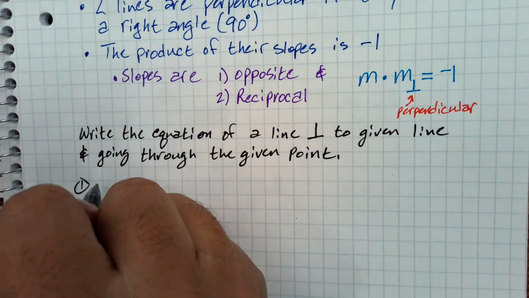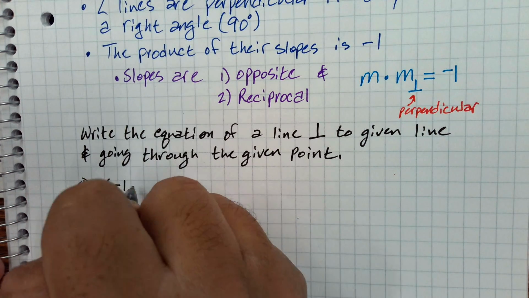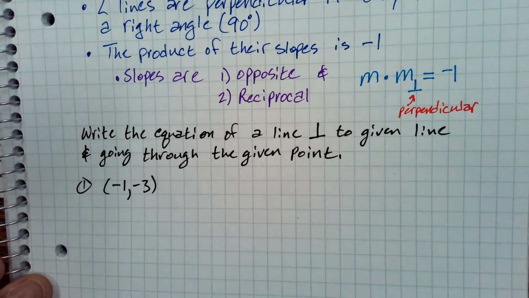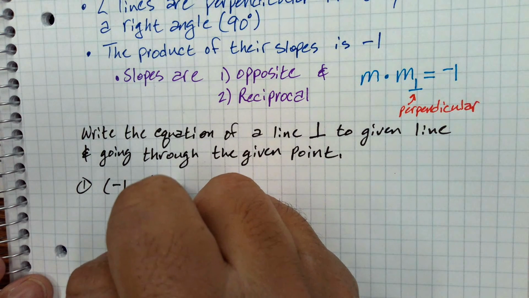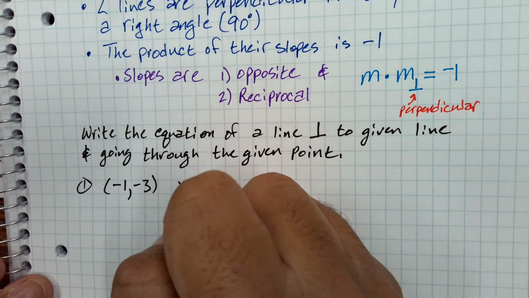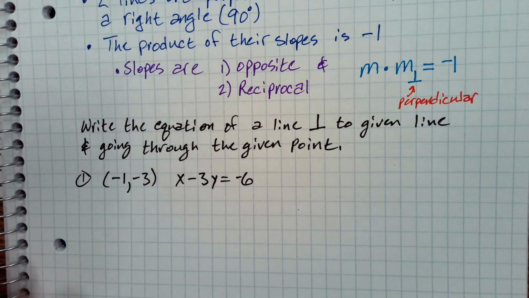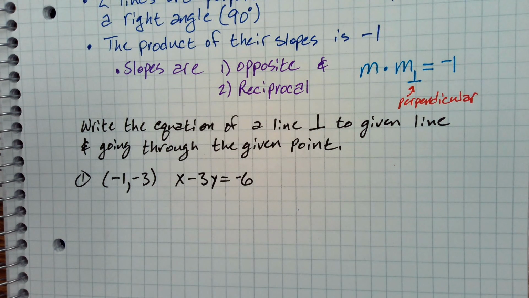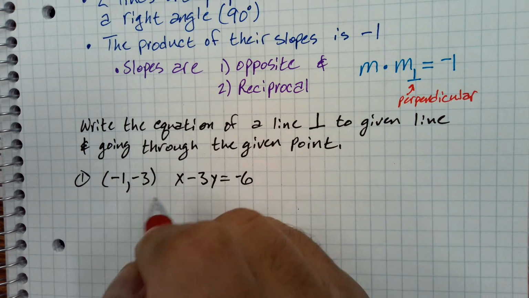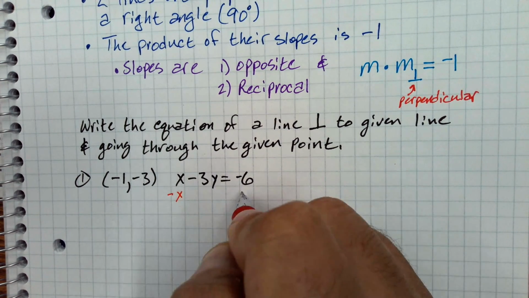So say I want a line that's going to go through the point -1, -3. And it's going to be perpendicular to this equation, x minus 3y equals -6. So that's an equation in standard form. Remember how we had those on Wednesday? Yeah, we solve for it. So start by subtracting x. So let's put this into slope intercept, mainly to find the slope.